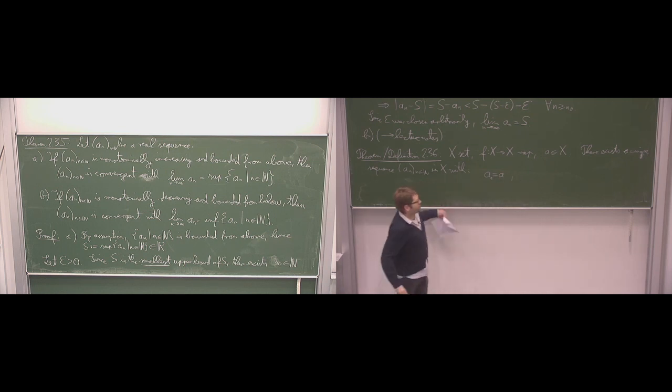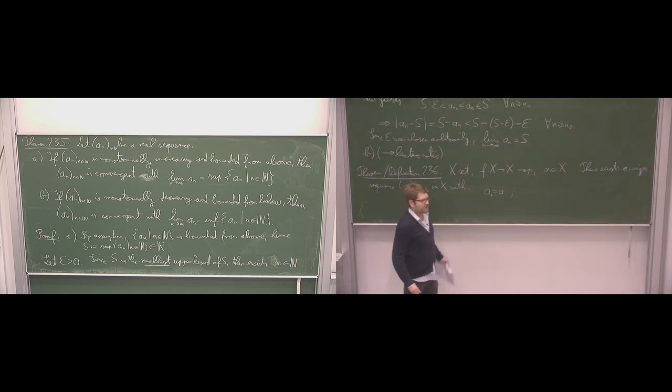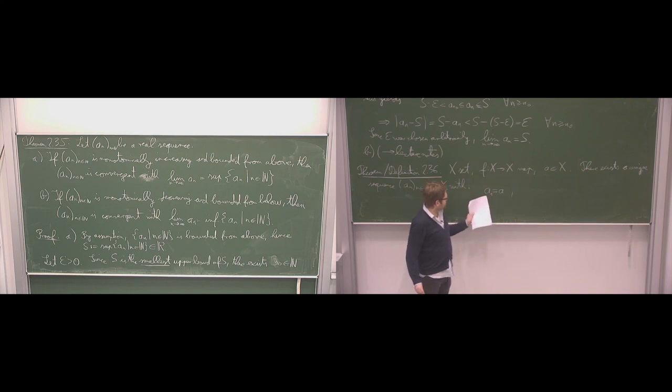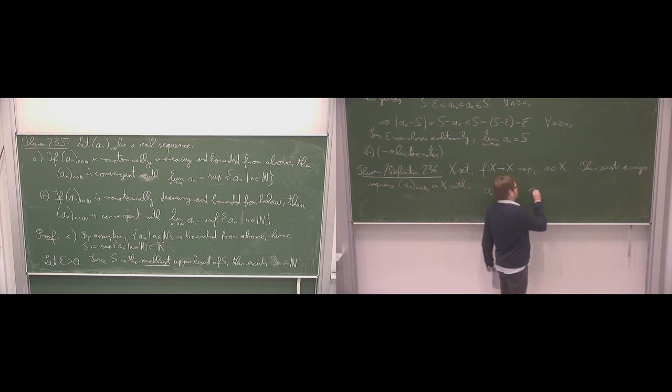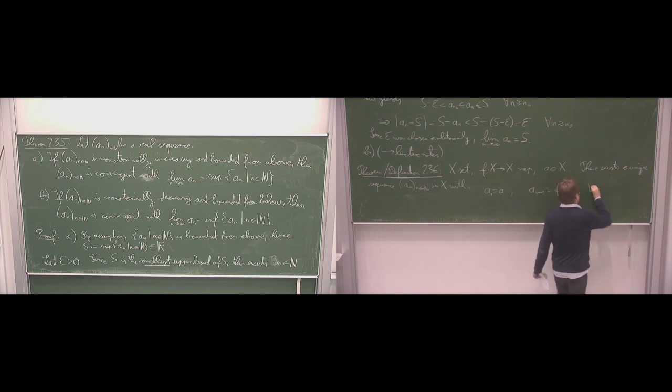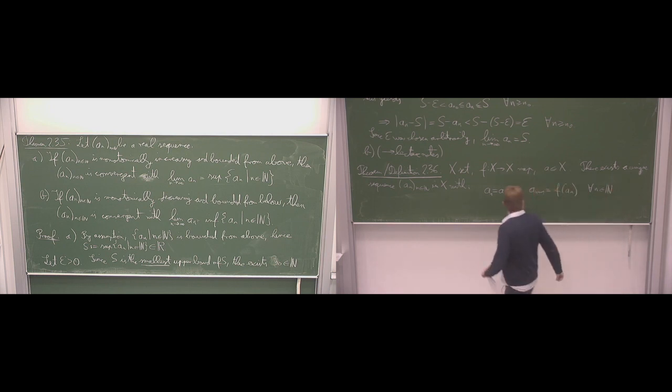And to go from there to the next value, we shall use f. Namely, if we have a_1, we want to get a_2 by applying f to this A. Then we want to get the next element by applying f to this element a_2, and so on and so on. And this is simply described by saying the (n plus 1)th element should be just f applied to the nth element, for all n in N. So this is where I describe the sequence.